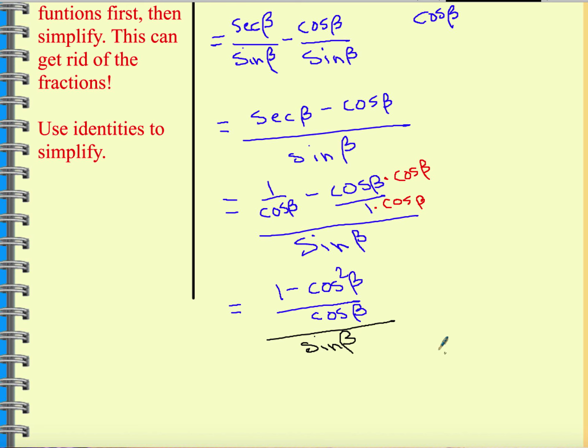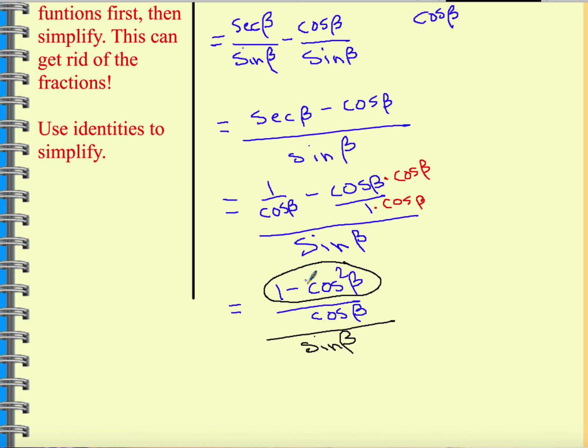But check this out, you guys. I hope you're going to like this. 1 minus cosine squared. Did anybody notice that? Just hanging around, looking innocent. But it's not that innocent. It's really sine squared. So we're going to go ahead and replace that with our Pythagorean identity.